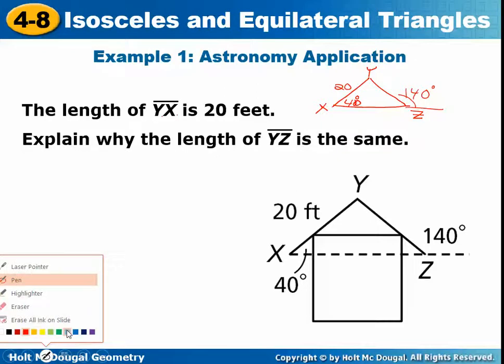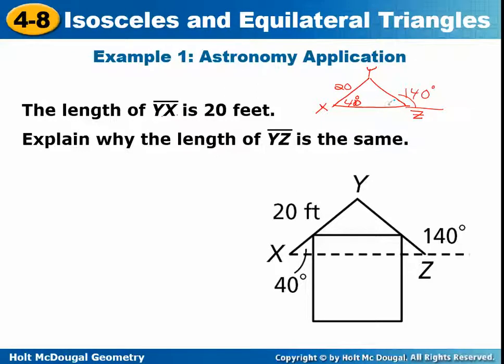Let me use a different color here. This part right here plus the 140 has to make a straight line because they're a linear pair. So 180 minus 140 is 40 degrees. So base angles are equal. If the base angles are equal, then we know that the side lengths are the same.